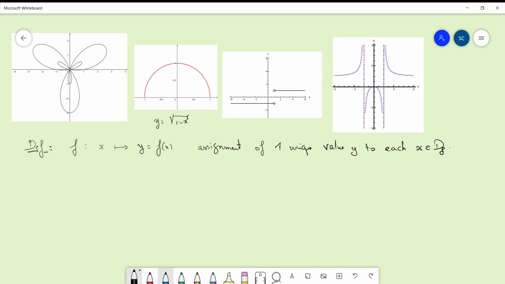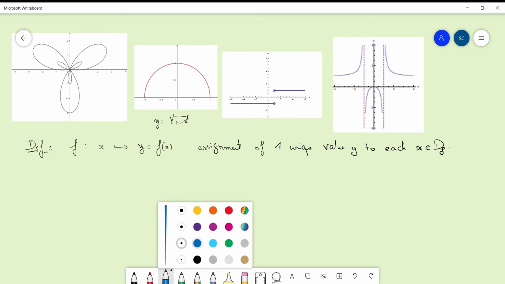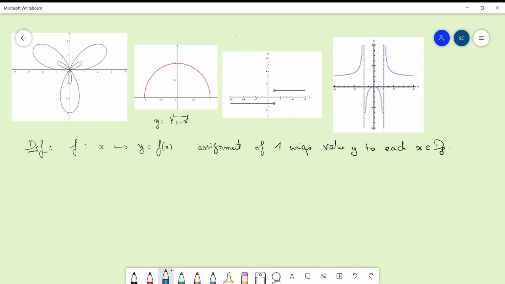So we can have the equation. We see here the y for each x takes the same value, so it's y equals 1 for x greater than 1, strictly, because 1 is excluded.